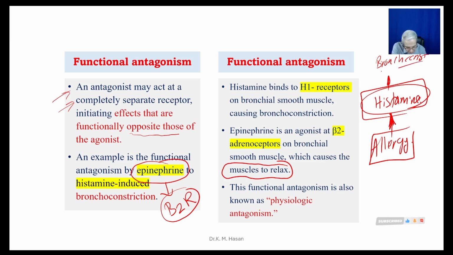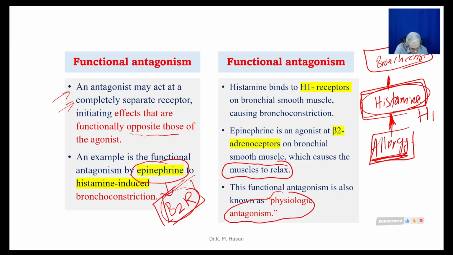Histamine causes bronchoconstriction, and the patient suffers from allergy. On the other hand, epinephrine causes bronchodilation through a different mechanism. Histamine works on the H1 receptor, and epinephrine works on the beta 2 receptor, but they have opposite functions. We call this physiological antagonism or functional antagonism.